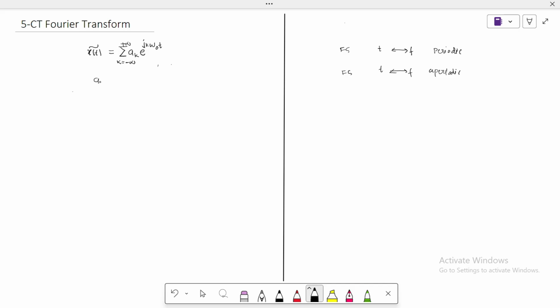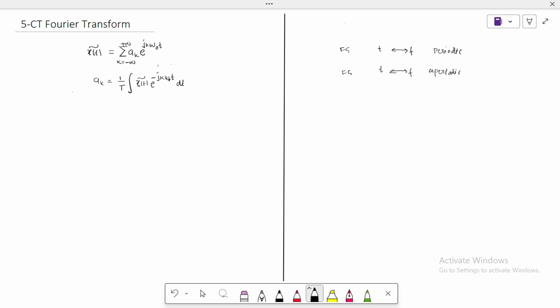Its Fourier series coefficient formula: a_k equals 1 by T integral x of t, which is a periodic signal, e power minus j k omega naught into t into dt.